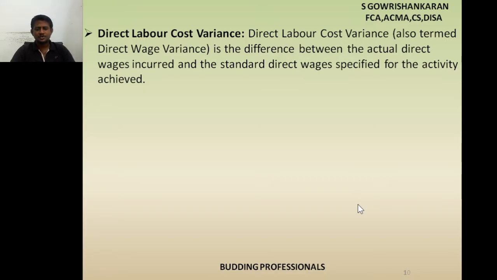So in your cost sheet, if you see the breakup of the expenses, the primary expenses, that is basically your direct material, direct labor, and direct overheads, correct. For this we are applying the standard costing.